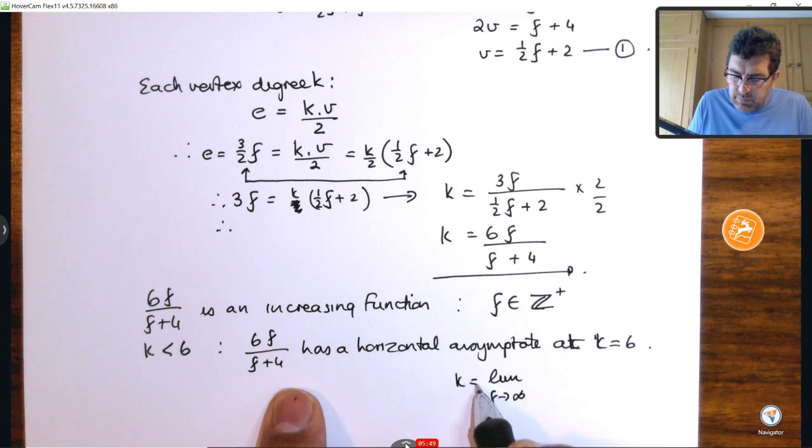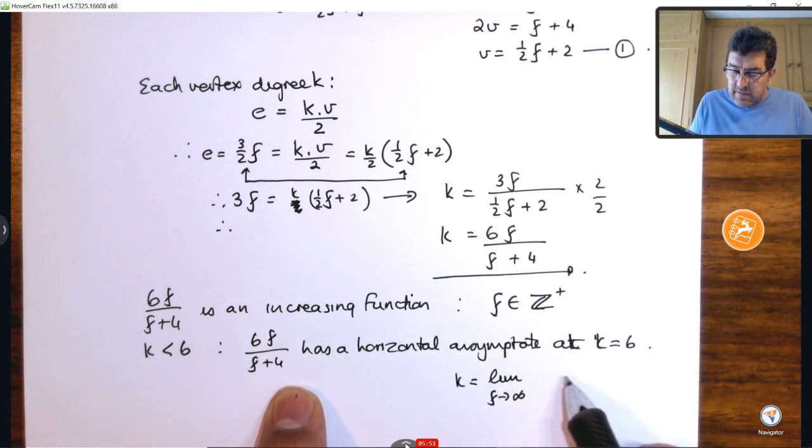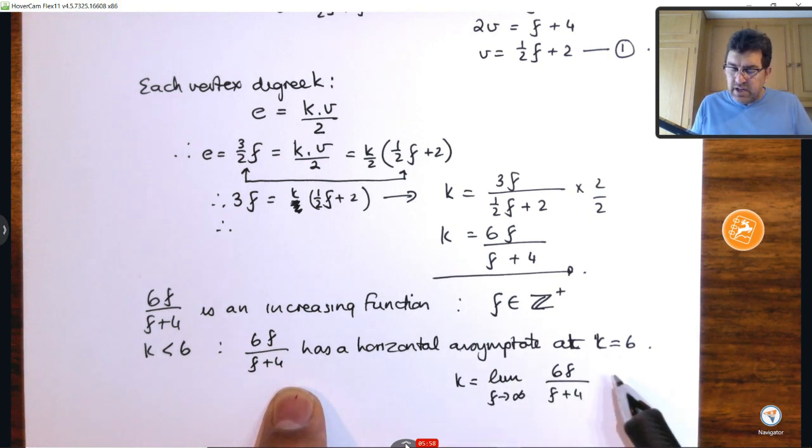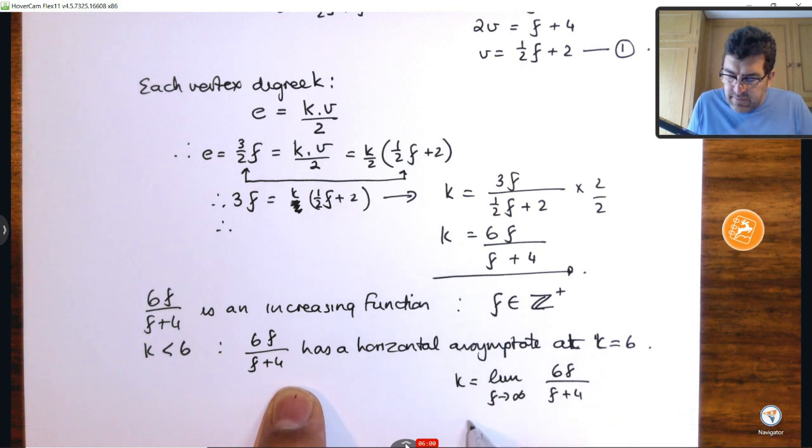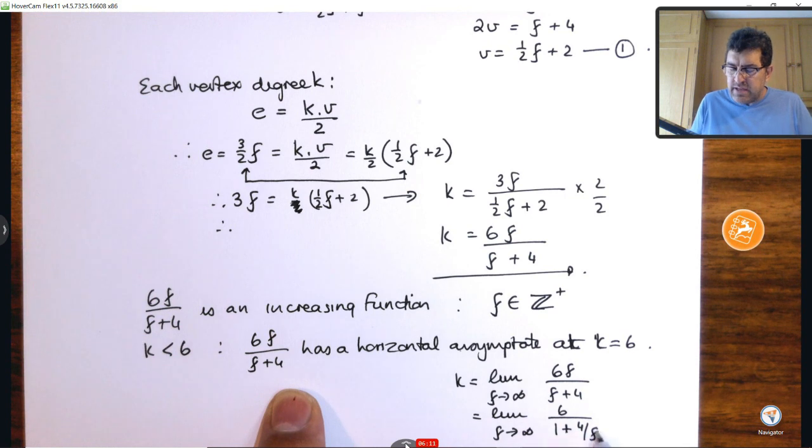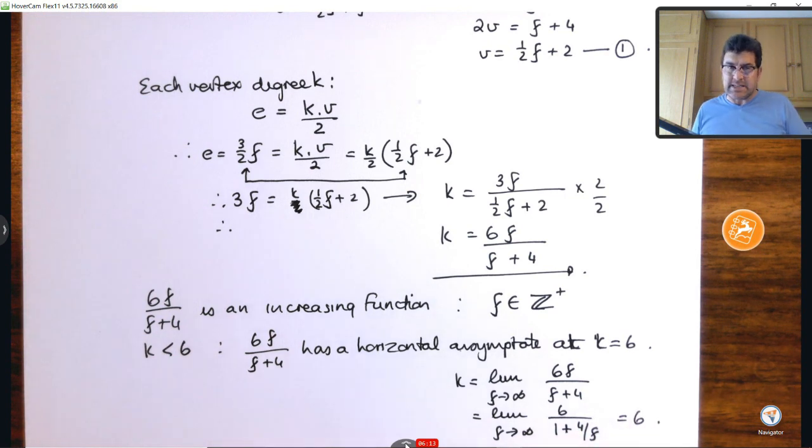So K will be that limit of 6F divided by F plus 4. If we divide the top and the bottom by F, we get the limit as F approaches infinity of 6 over 1 plus 4 over F. That becomes 0 and we have a result of 6.